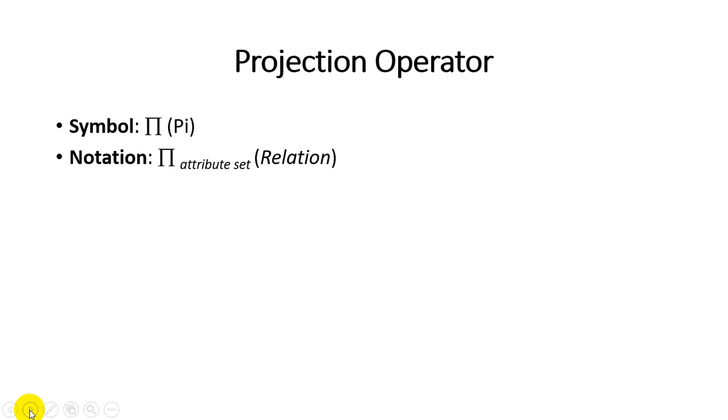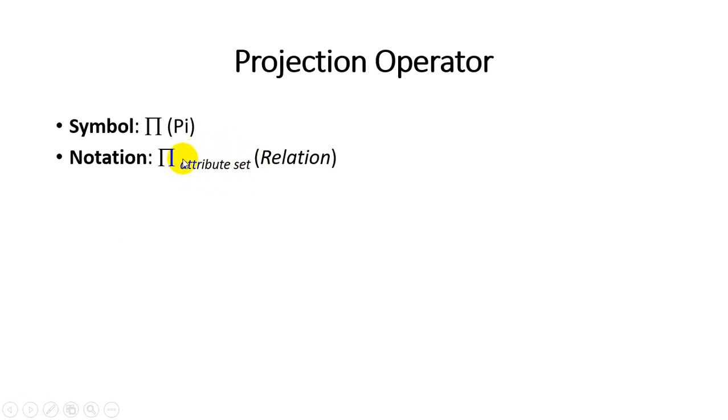The second operator is known as the projection operator. With the help of the pi symbol, we perform the projection operation. Pi is the symbol. There are different attributes in a particular relation.